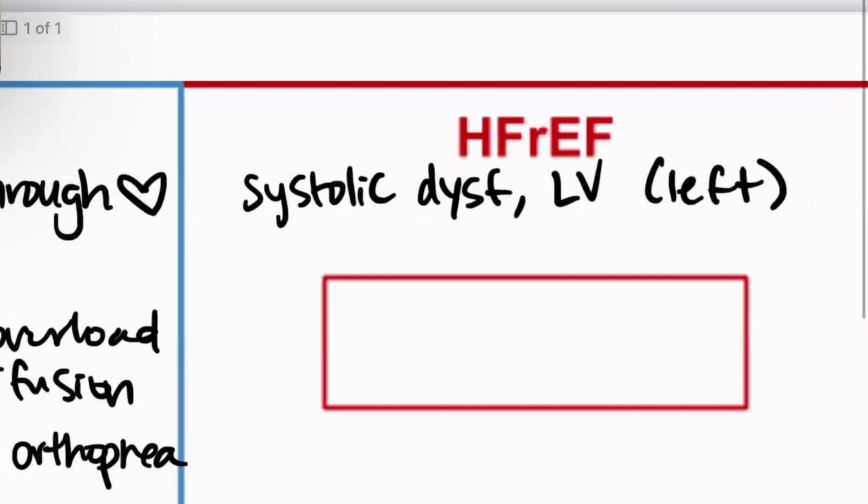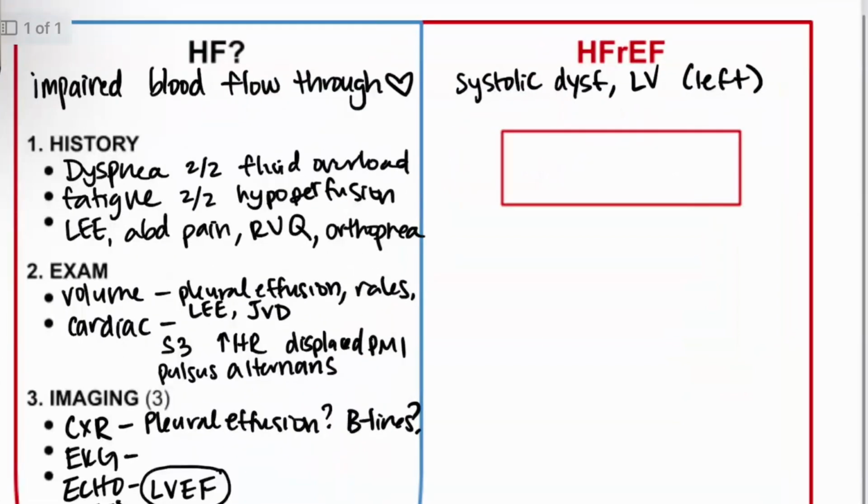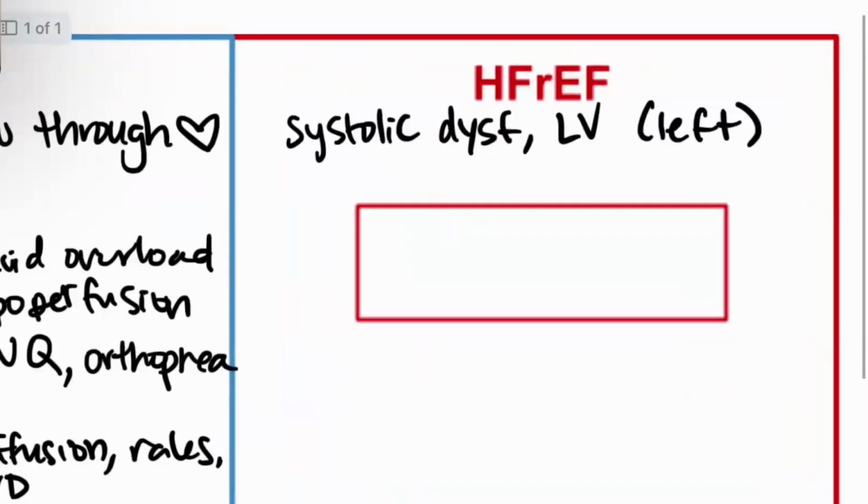If the left ventricular ejection fraction from our echo is showing, let me write it in red instead, less than what does it need to be categorized as reduced ejection fraction? That would be 40%.